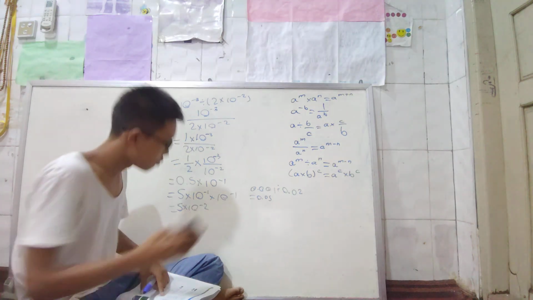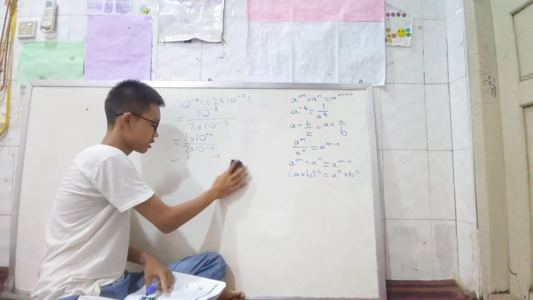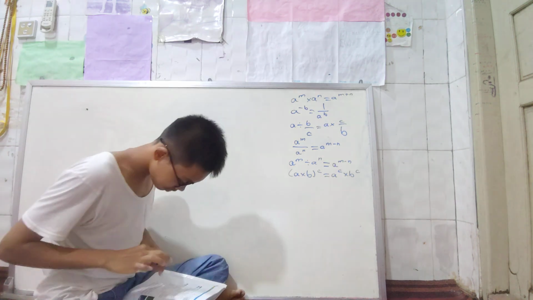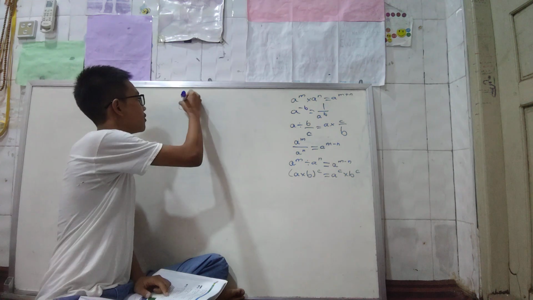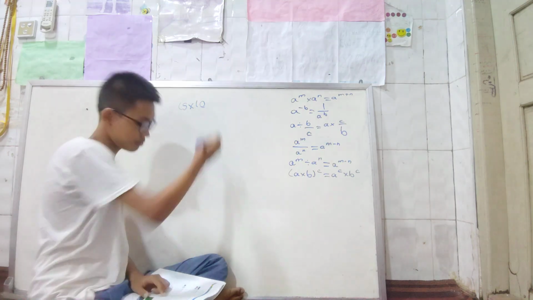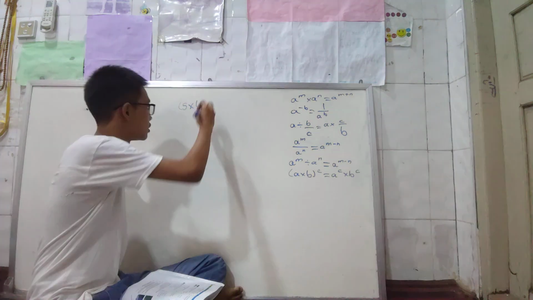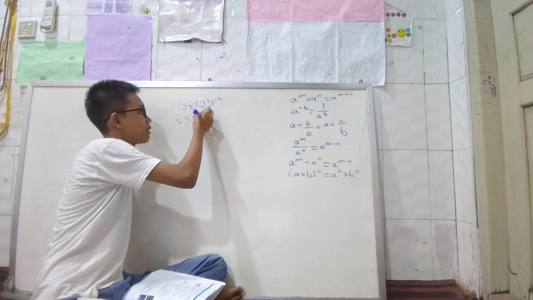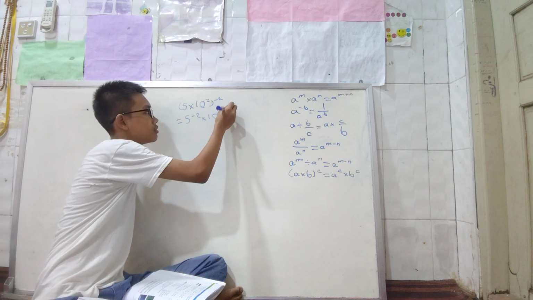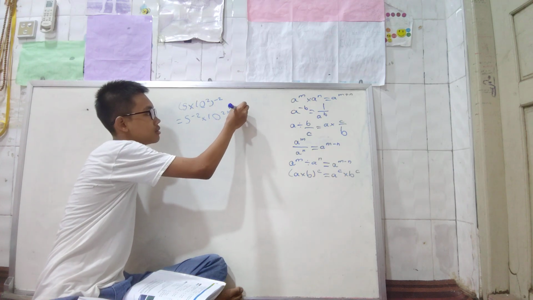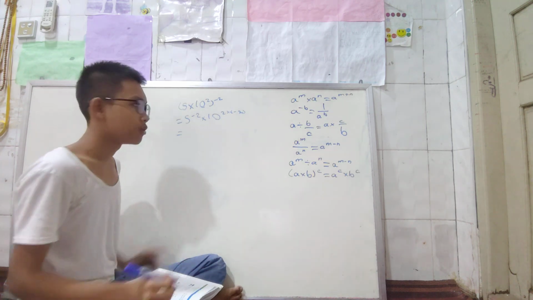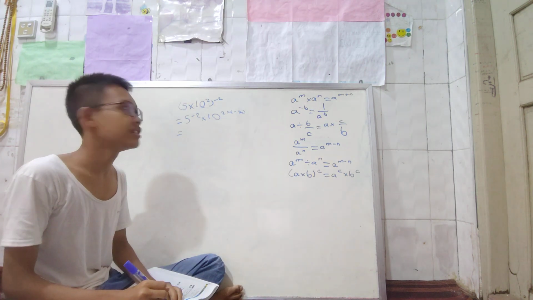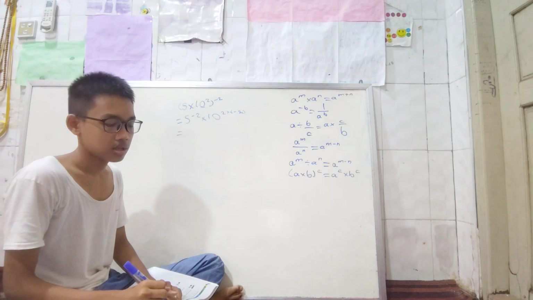So number 21. Number 21 is going to be 5 times 10 to the power of 2, to the power of minus 2. That's going to be 5 to the power of minus 2 times 10 to the power of 2 multiplied by minus 2. So 1 over 25. 1 over 5 is 0.2.